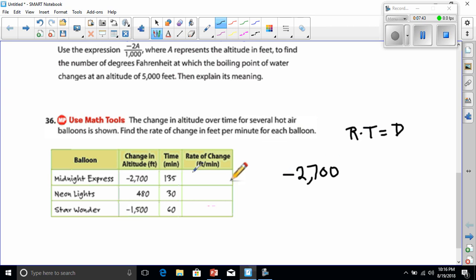So we're going to take our distance, which is negative 2,700, and we're going to divide it by our time, which is 135. First of all, how many times does 135 go into 270? Well, that goes in twice. 5 times 2 is 10, carry the 1, that's at least 7, and 2 times 1 is 2.